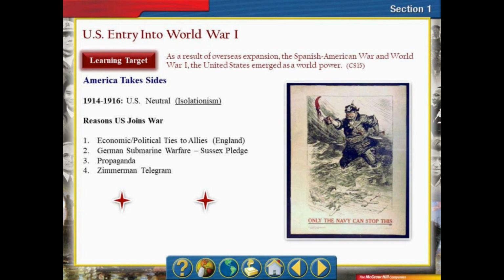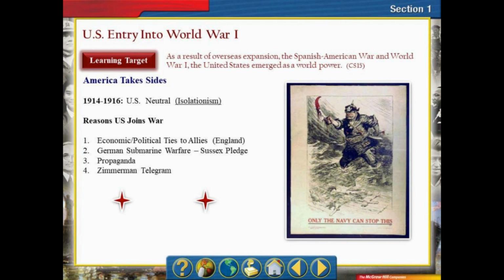The third reason the United States joined the war, there was a lot of propaganda trying to convince Americans to support Great Britain and the Allies against Germany. And then kind of the final straw was the Zimmermann Telegram. The Zimmermann Telegram was a secret message sent by Germany to Mexico, and they asked Mexico to attack the United States.